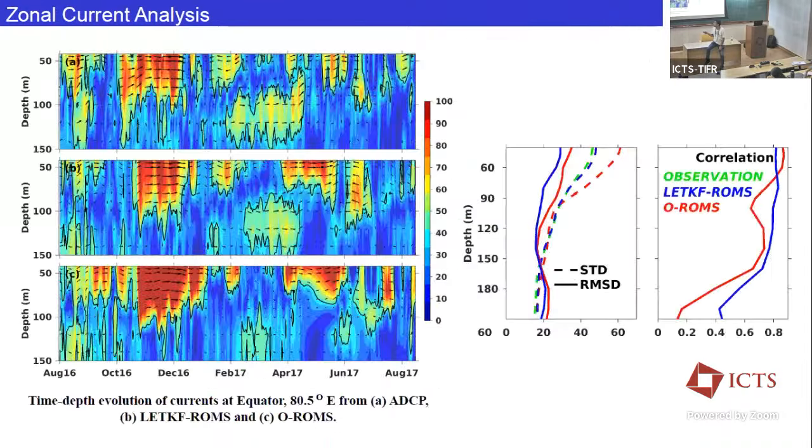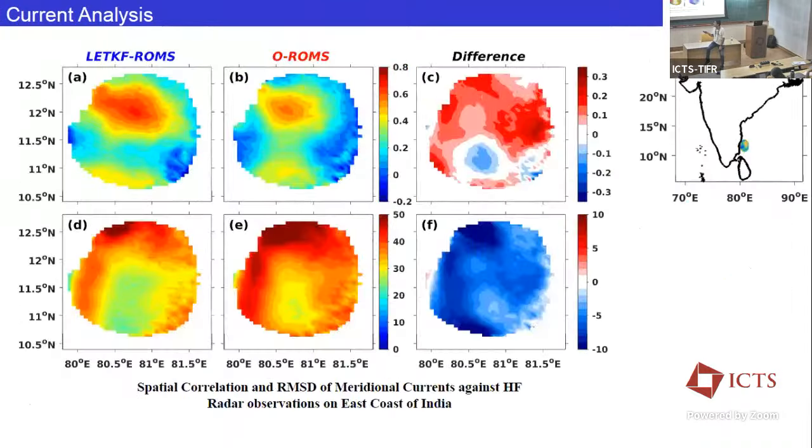All this is saying is what are the improvements due to assimilation. Both these systems, the models are the same, it's ROMs. In one you have assimilation, in the other you do not have assimilation. So what are the improvements you see, or if there are any degradations once you put assimilation into place. This is what it is showing.